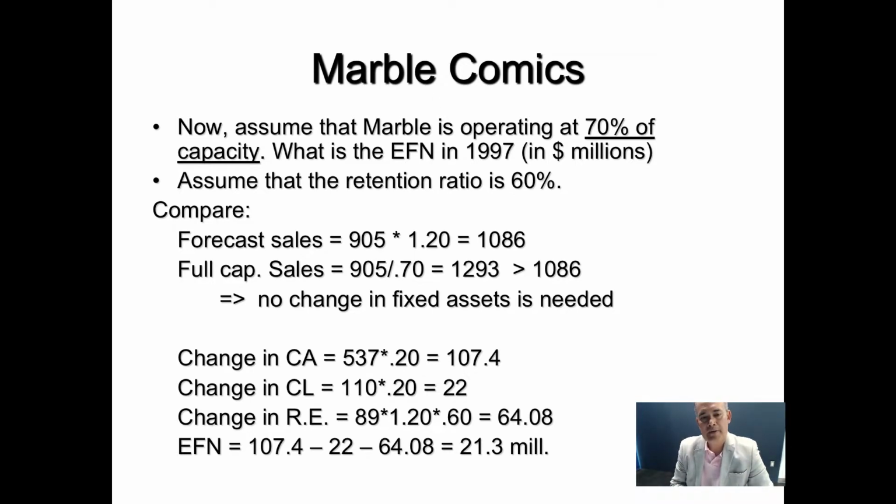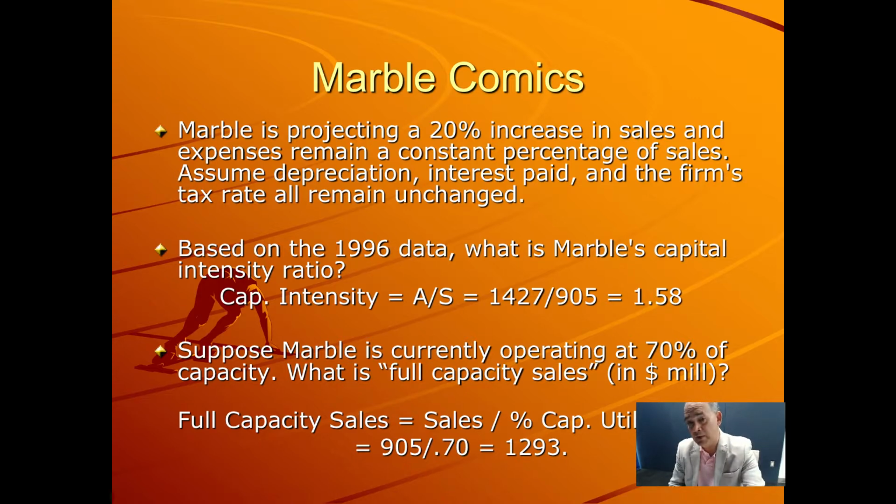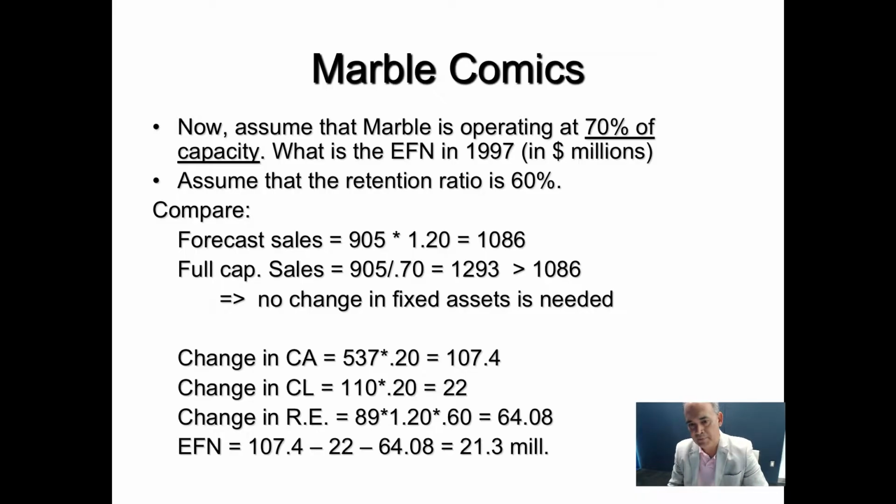So what is my forecasted sales using the 20% growth rate for the next year? As you can see right away, it's 905 times 1.20, I mean, it's 1,086. Because my full capacity sales is 1,293, which is the number we calculated in the previous slide, definitely it's higher than the forecasted sales with the 20% increase in growth rate that I'm expecting.